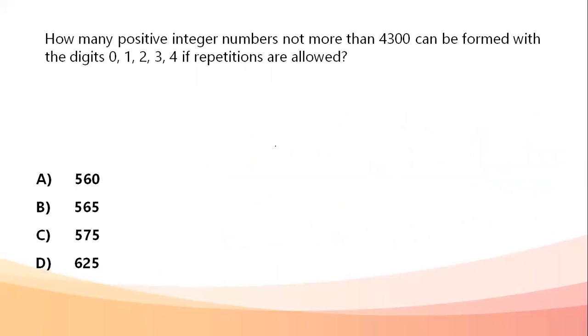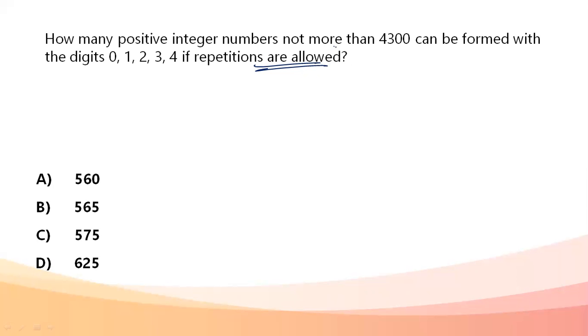Next, how many positive integers not more than 4300 can be formed with the digits 0, 1, 2, 3, 4 if repetitions are allowed? Different question: repetitions are allowed. We're going to divide the numbers in a format.